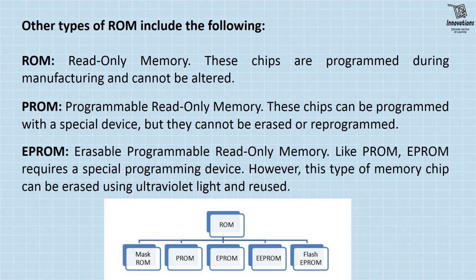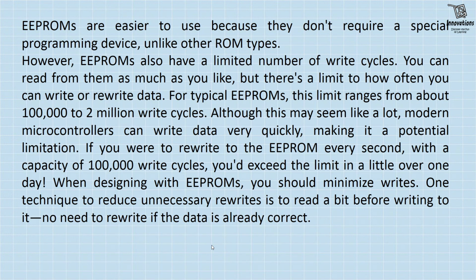However, this type of memory chip can be erased using ultraviolet light and can be reused. We have shown in a chart different types of ROMs. But since we are going to discuss EEPROM, we are not going into much detail about these types of ROMs. EEPROMs are easier to use because they don't require a special programming device, unlike other ROM types.